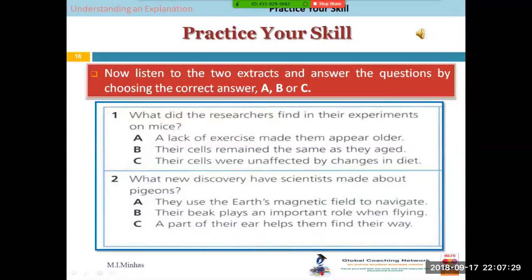Recording 30. 1. We've recently been doing some research involving mice. We were trying to find out what causes the cells in our body to age. Is it linked to diet or exercise? What we found was that if we allowed the mice no exercise, their cells deteriorated fairly rapidly, giving them a prematurely old body. The mice that did exercise showed less change in their cell structure and so seemed younger. 2.